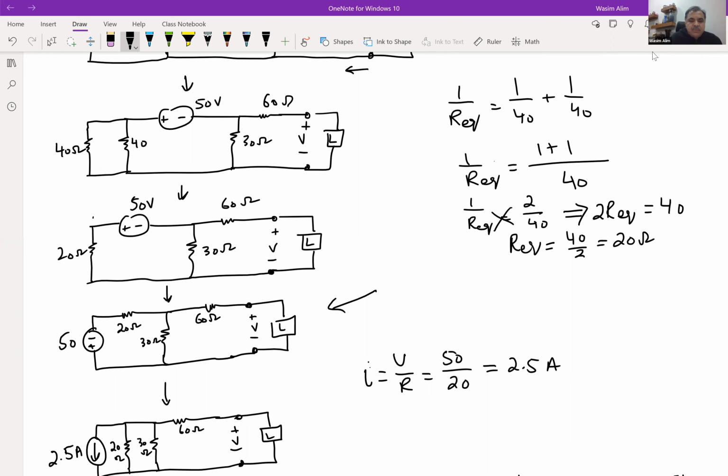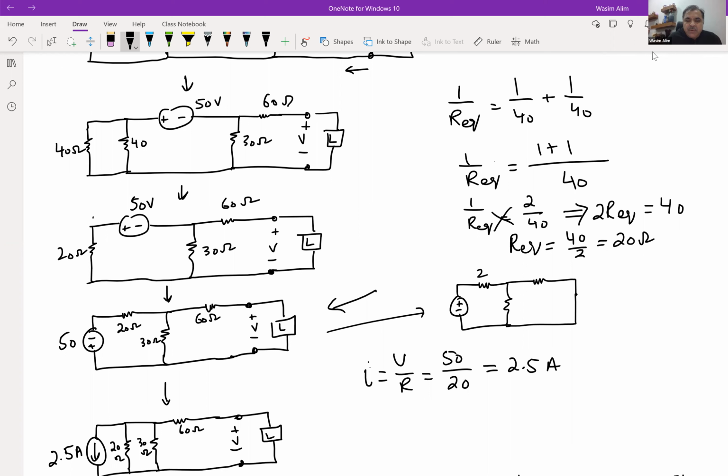But if you were to use, let me just show you this. Let's say you were to find I short circuit. You place the short circuit there, right?